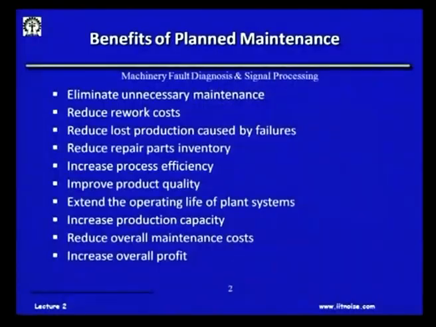I would not like to have any loss of production caused by failures. Imagine my machine was never maintained throughout the year, and I have a deadline of March 31st to meet the annual production targets, and suddenly in the month of March my machine goes down and I require serious maintenance.